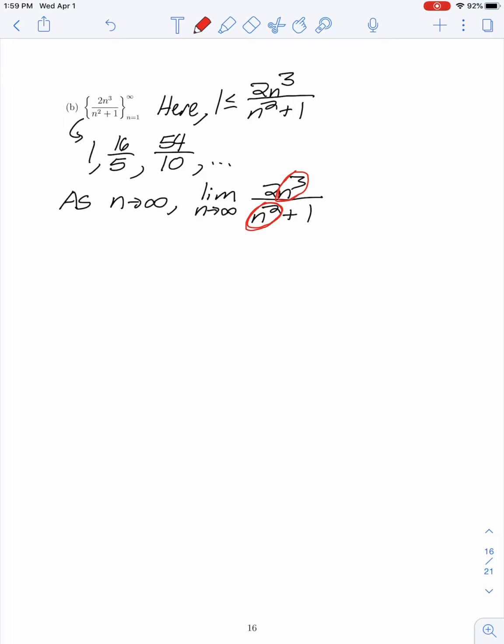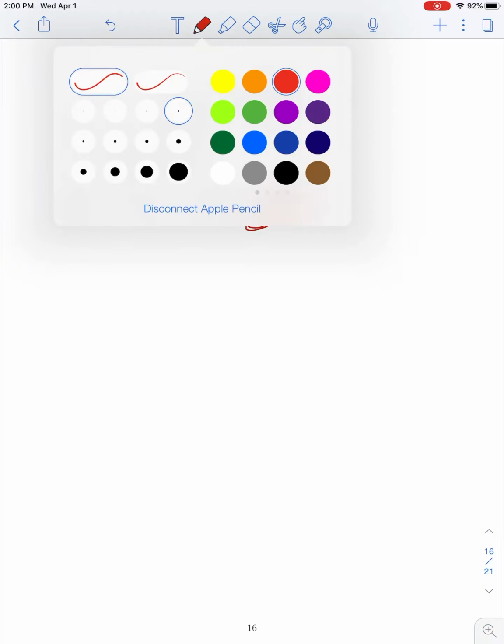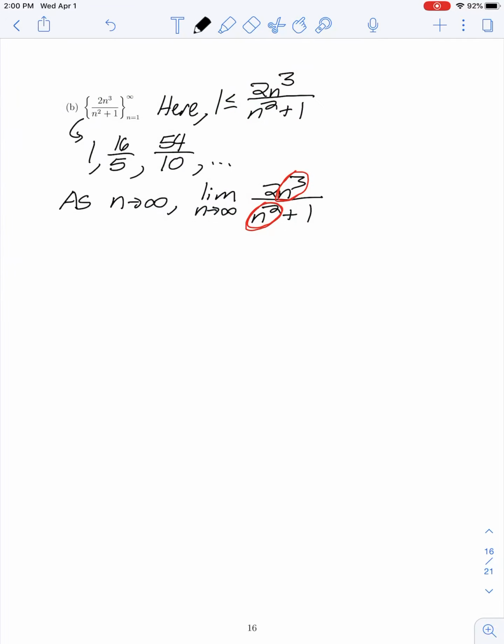So here we're looking at the infinite limit of a rational function, and we have a higher power of n in our numerator than we do for our denominator. So in this case, our numerator is growing more rapidly than the denominator. So as n keeps increasing, the value of this ratio is becoming unboundedly large, tending towards infinity.